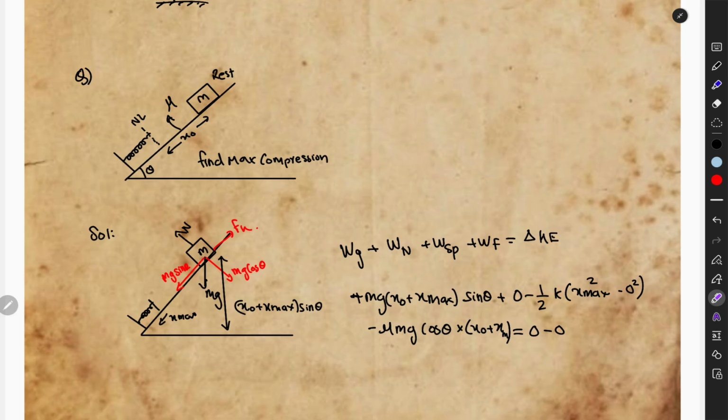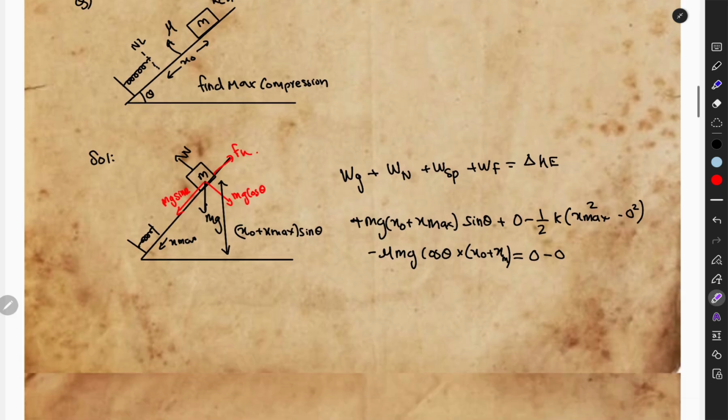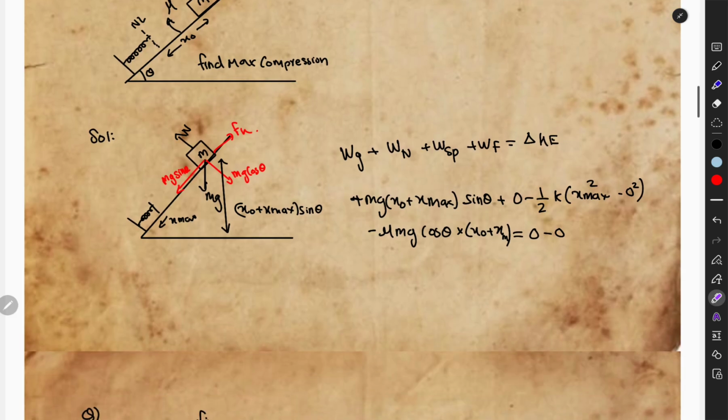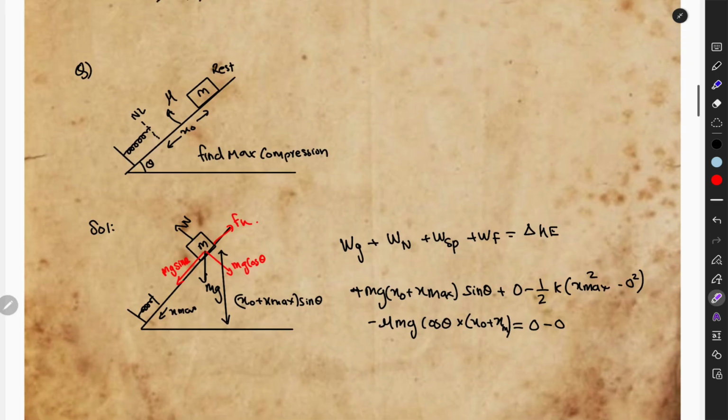When the block reaches here, the spring force will definitely be acting. So work done by gravity, work done by normal, work done by spring, and work done by friction will be equal to the change in kinetic energy. Basically it is coming down, which means it should have positive work done by gravity, right?